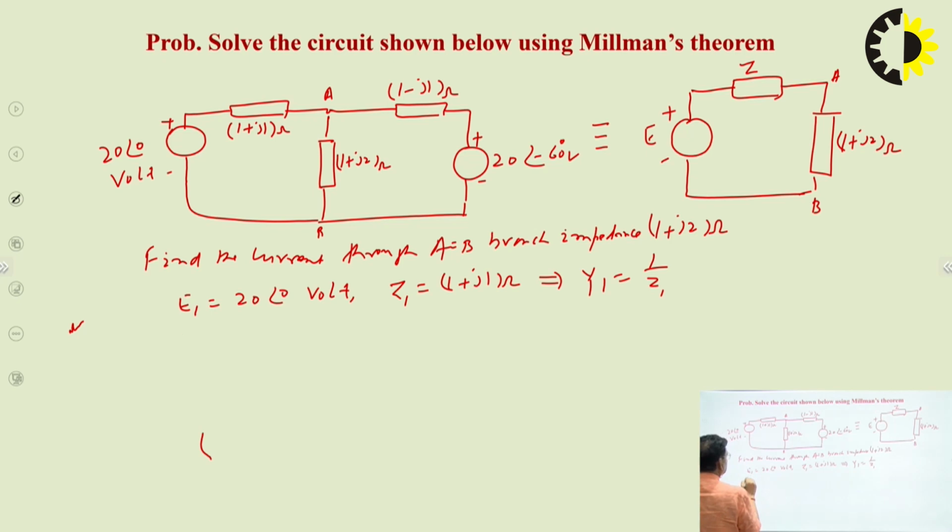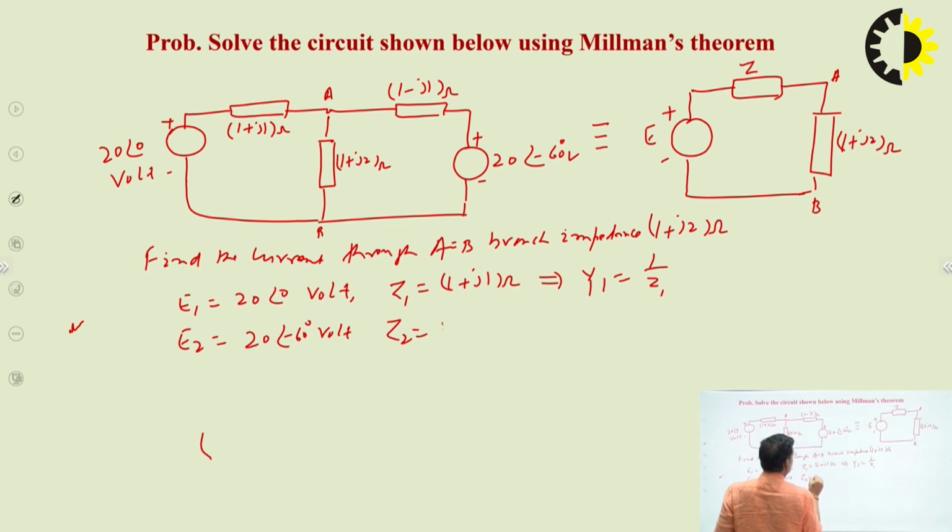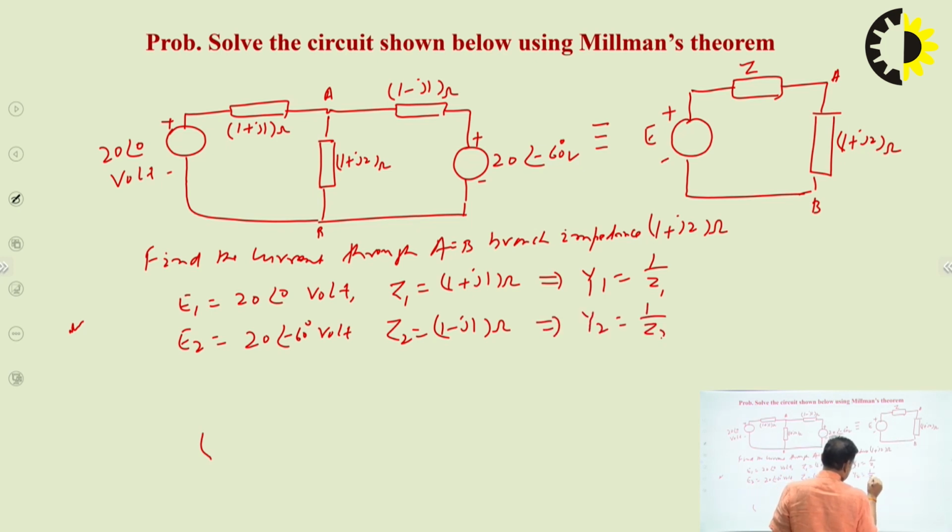So it is 1 plus J2 ohm. Okay, so E2 is 20 angle minus 60 degree volt, and Z2 is 1 minus J1 ohm. So we can get Y2 as 1 by Z2.